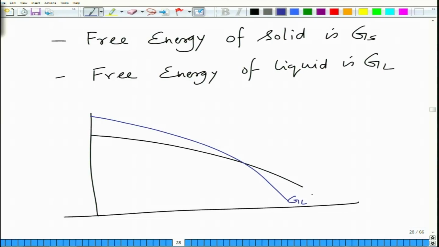So, this is G L, this is G S, and this represents what we call the melting point. This is true for both alpha and beta phases. This is G, this is T. So, the free energy of solid decreases, the free energy of liquid decreases, but the free energy of liquid decreases much more sharply as compared to the free energy of solid.